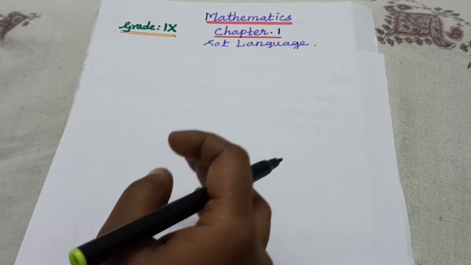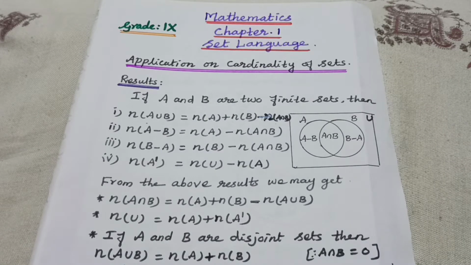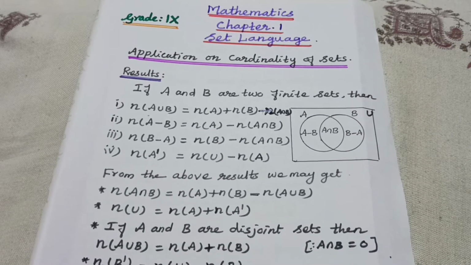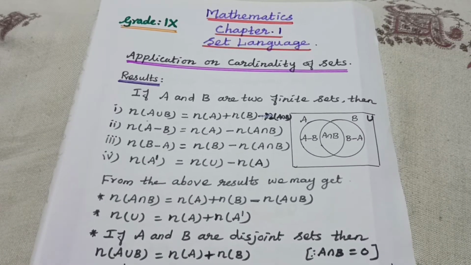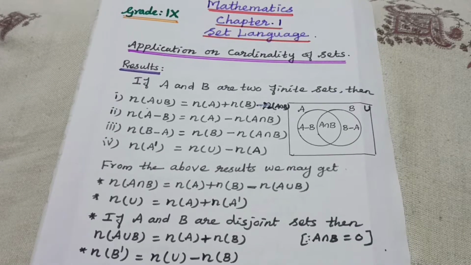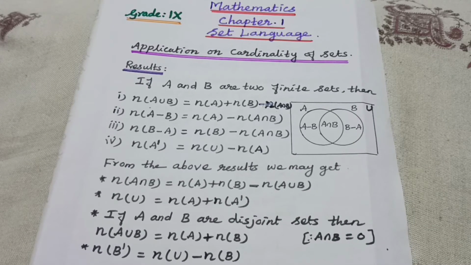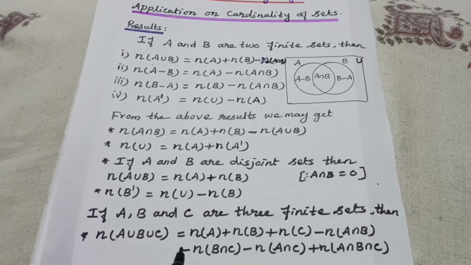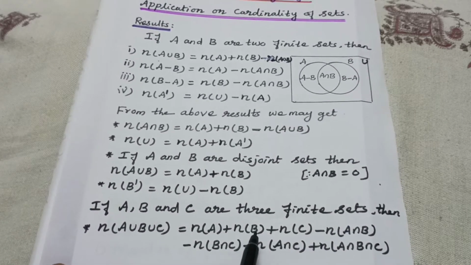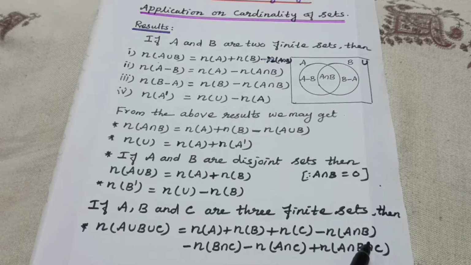Suppose A, B and C are three finite sets, then n of A union B union C is equal to n of A plus n of B plus n of C minus n of A intersection B, minus n of B intersection C, minus n of A intersection C, plus n of A intersection B intersection C, isn't it?